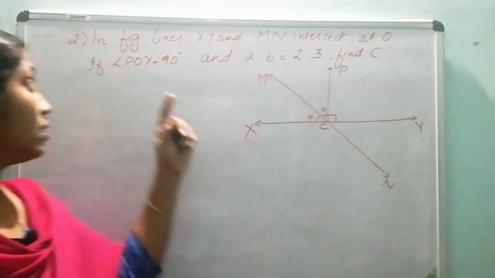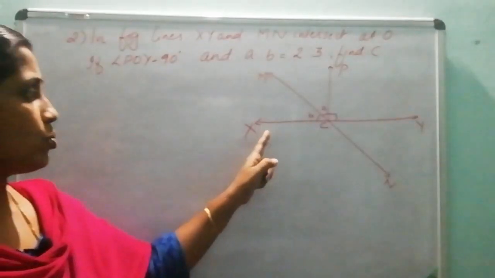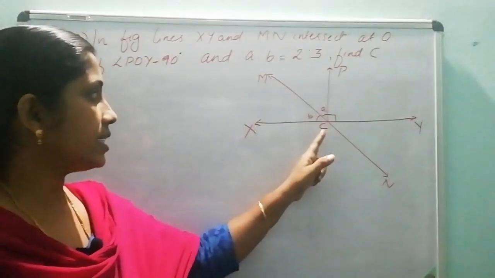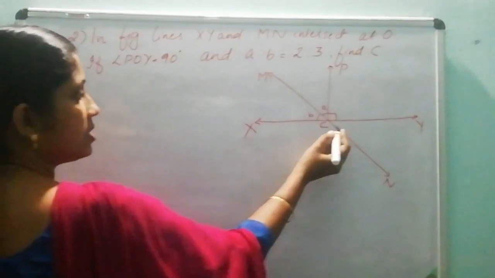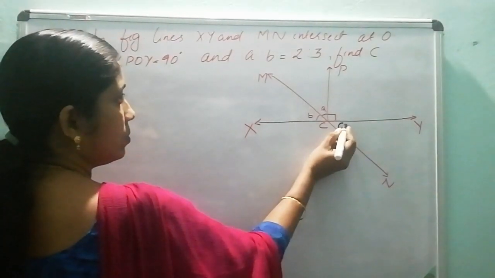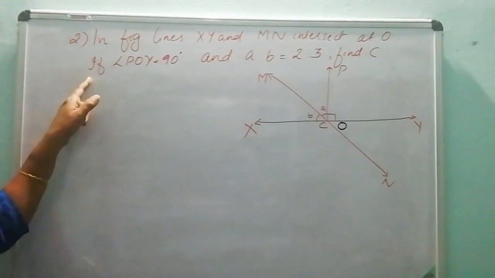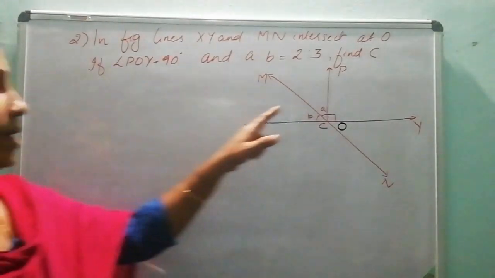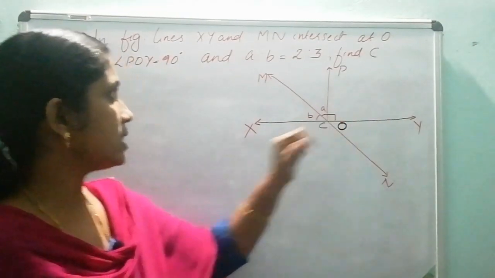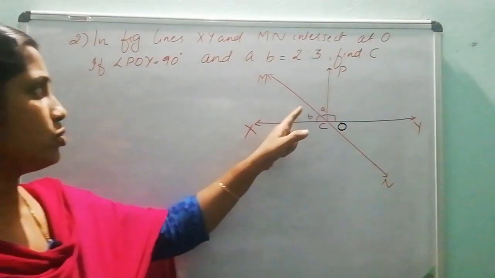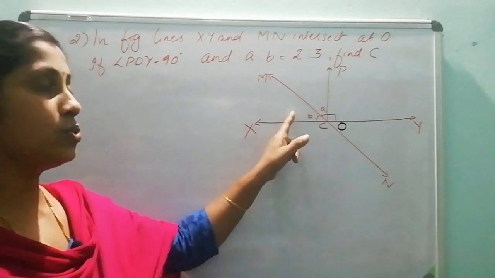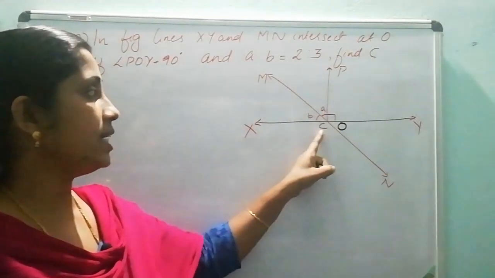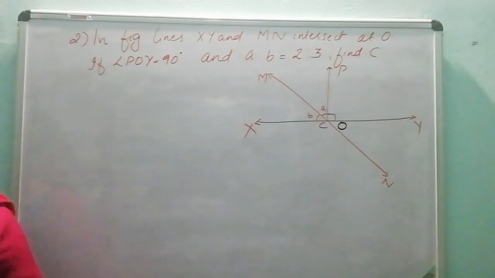Second question. In figure, lines XY and MN intersect at O. If angle POY is equal to 90 degree and A is to B is equal to 2:3, ratio is given, find C. You have to find out the angle C there.